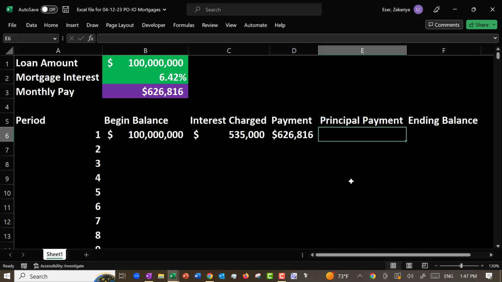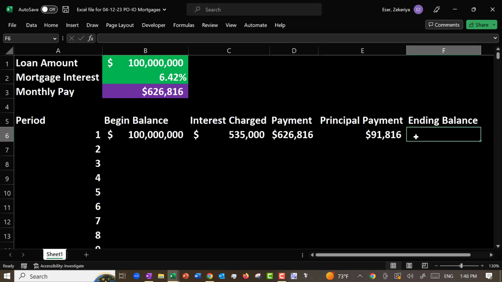Then principal is payment minus interest charged. And ending balance is beginning balance minus principal payment. Or you could say beginning balance plus interest charge minus payment, but it's the same thing.